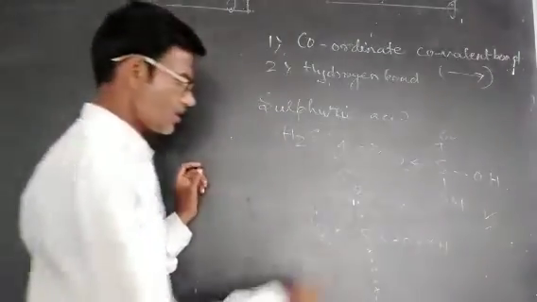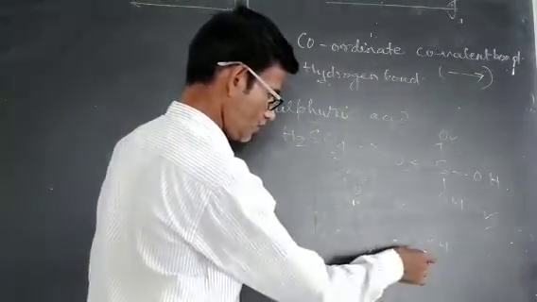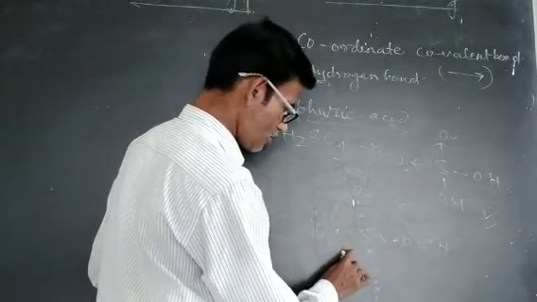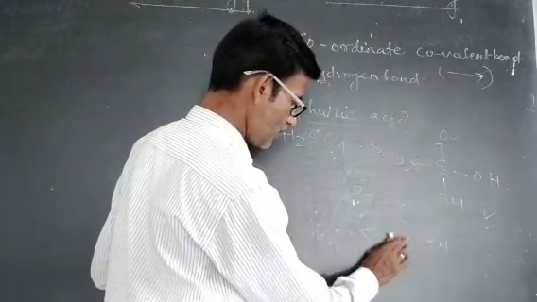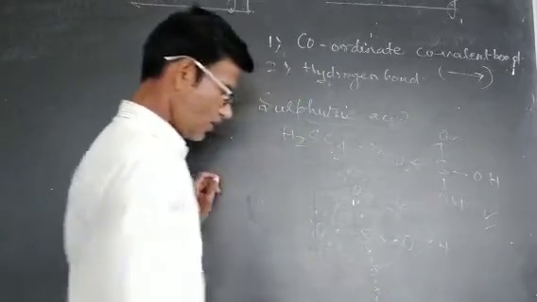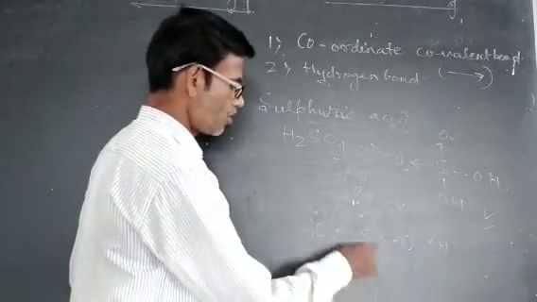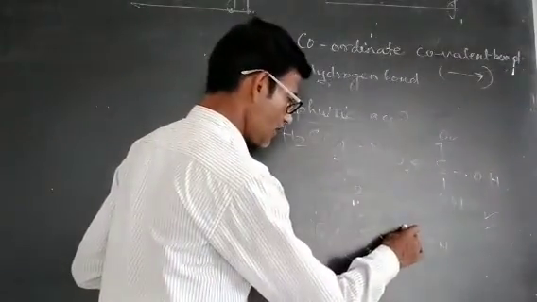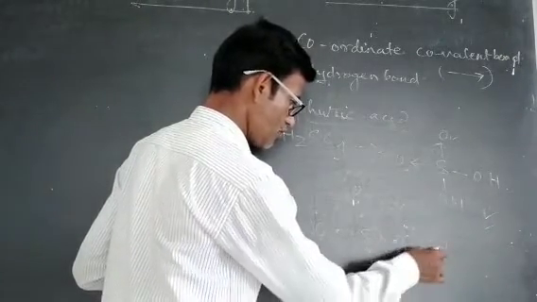These are the electrons possessed by the different constituent atoms. These are the electrons possessed by sulfur: 2, 4, 6, 8. The sulfur acquires 8.